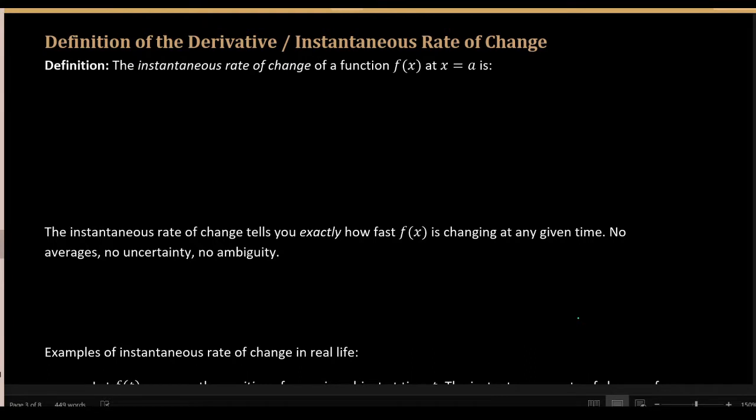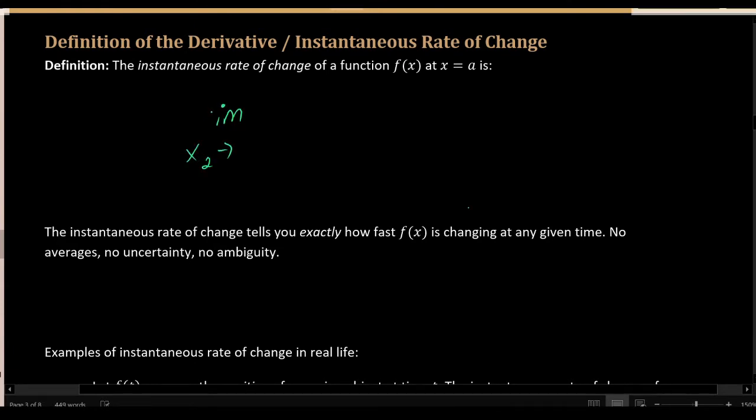The instantaneous rate of change of a function f of x at x equals a is given by a limit as x2 approaches a of f of x2 minus f of a, over x2 minus a.